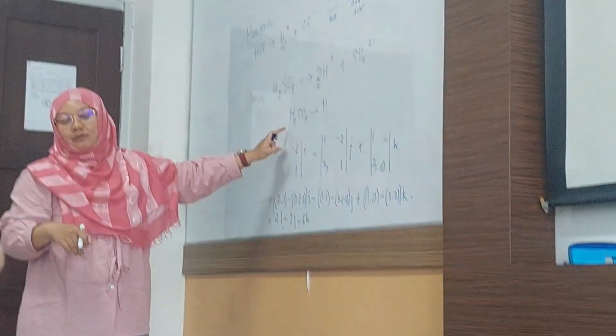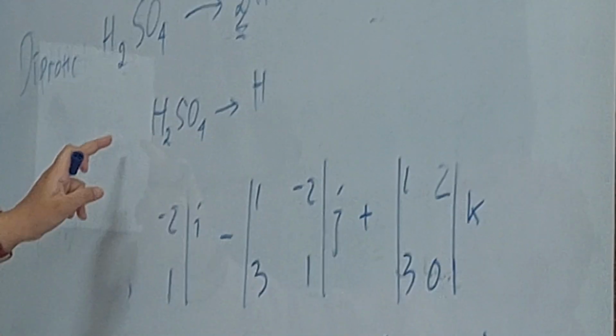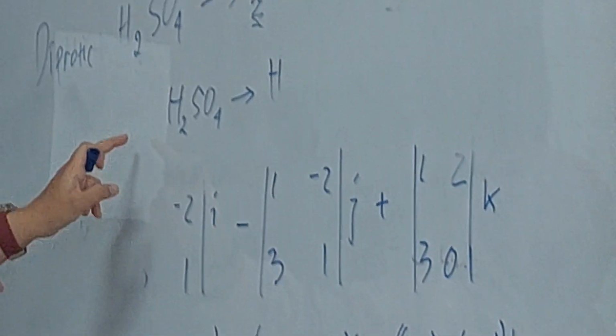So before they can be acid, this is the amphoteric compound. It can be dual, both acid and base.